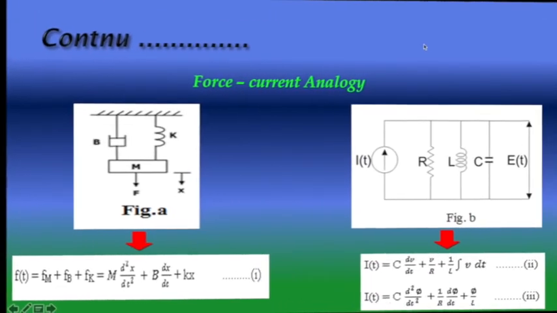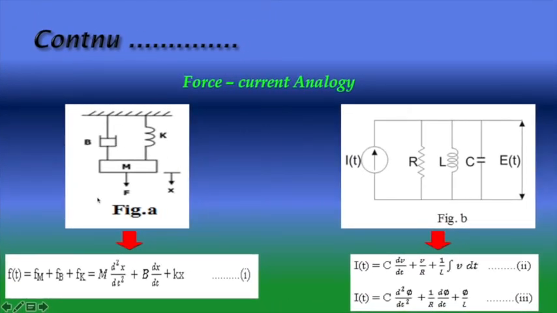Now the force-current analogy. This mechanical system is given. From this mechanical system, write down this equation. First draw the free body diagram, then we know that equation. Then this is the force-current analogy. Using node analysis, IT, that means total current, equals the current through the resistance plus the current through the inductance plus the current through the capacitance, where V is the voltage drop.